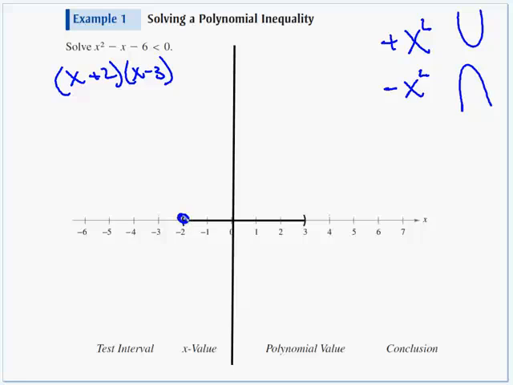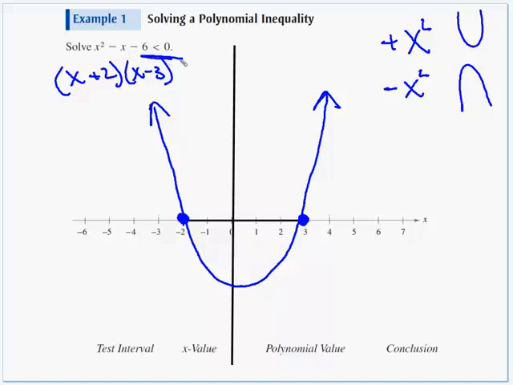Those are also the points where our polynomial, or our parabola, will cross the x-axis. If we know it crosses the x-axis here and here, and we know it is a positive x squared, which means a parabola opening up, our parabola is going to look something like this. It has to.